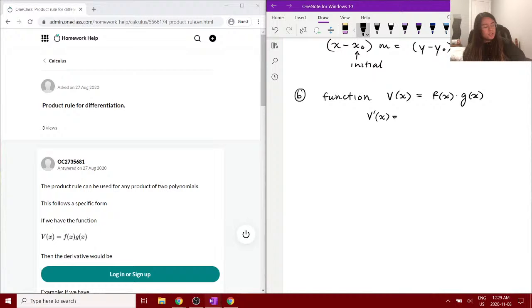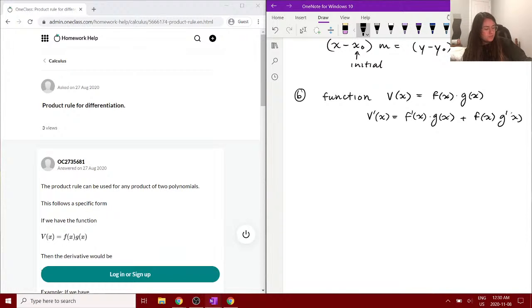So when we're taking the derivative of v of x, we need the derivative of f of x times g of x, plus f of x, so that's just as it is, times the derivative of g of x.